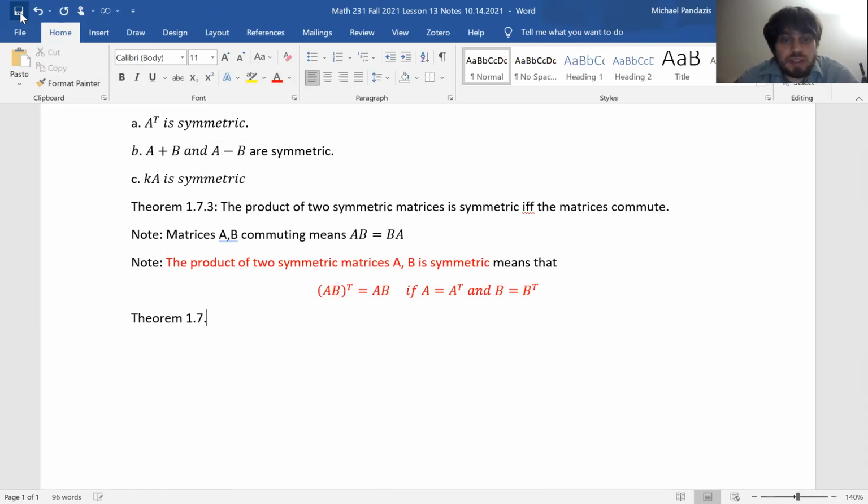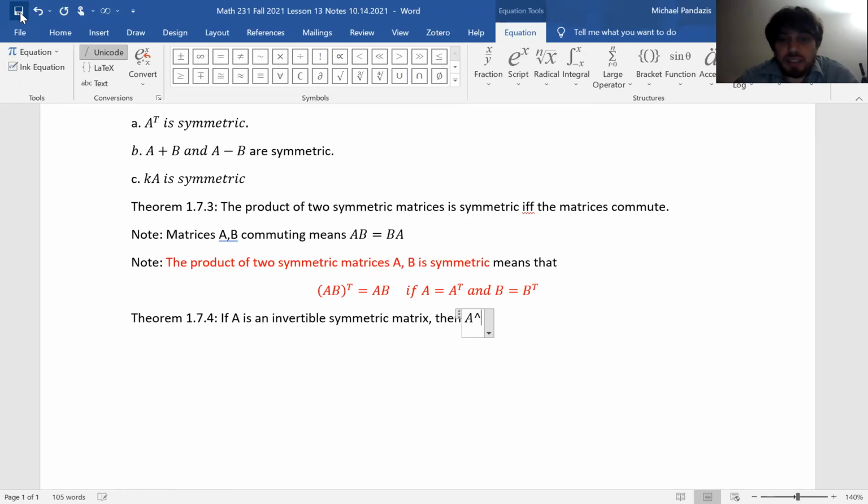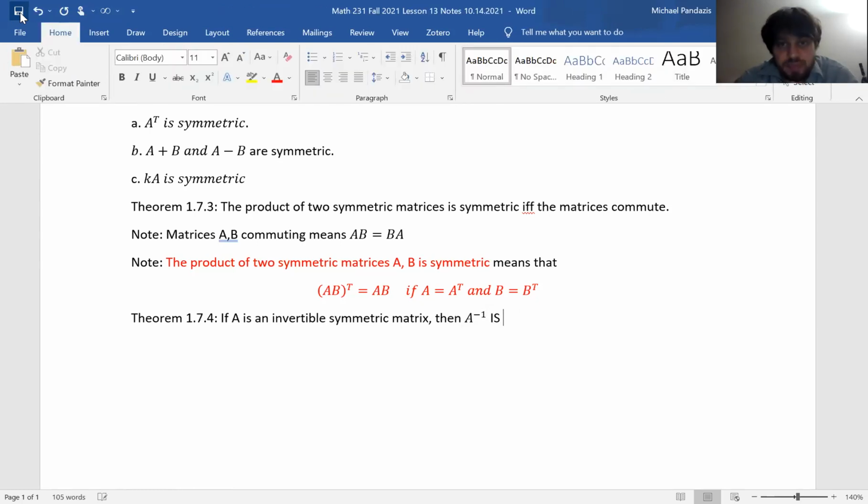Theorem 1.7.4 says if A is an invertible symmetric matrix, then A inverse is symmetric. Right, so A is invertible means it has an inverse. A is symmetric means A equals A transpose.